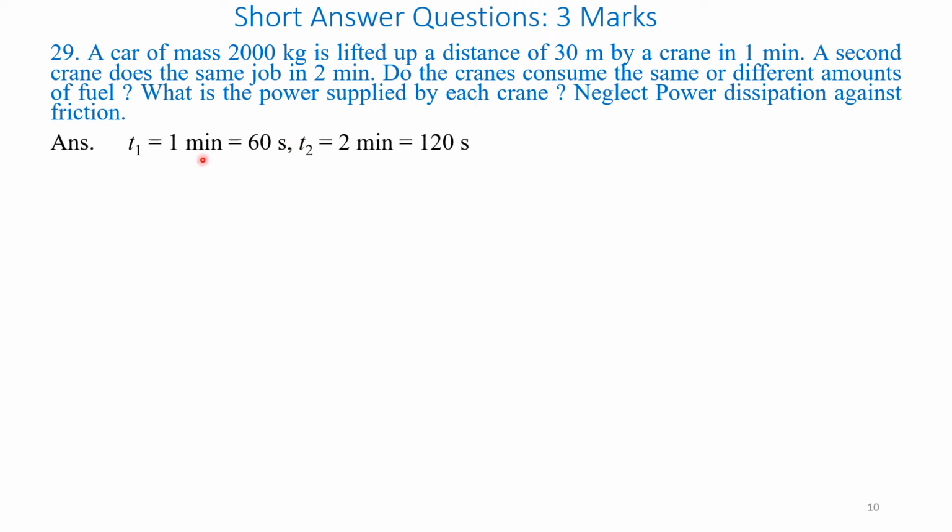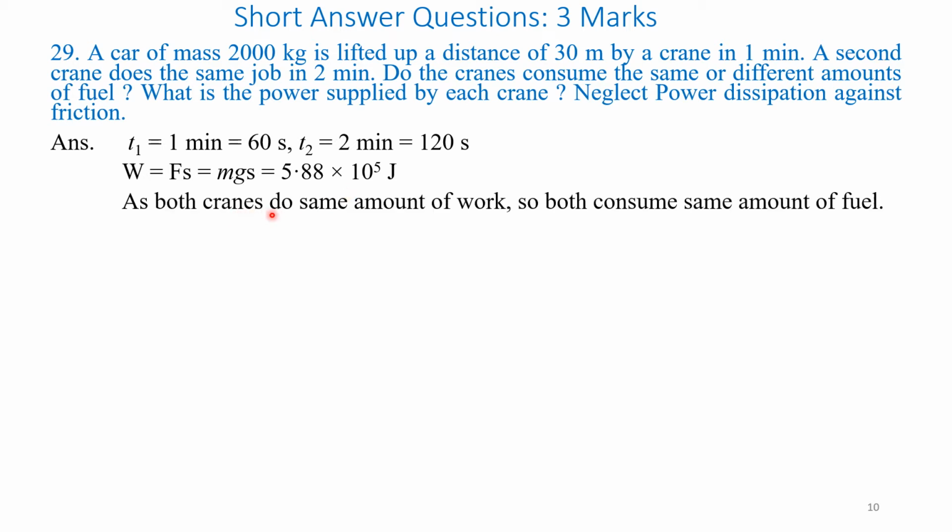Answer. Given T1 is equal to 1 minute, that is 60 seconds, and T2 is equal to 2 minutes, that is 120 seconds. Therefore, work done is equal to F into S, where F is M into G. So work done W is equal to MGS, that is equal to 5.88 into 10 to the power of 5 joules.